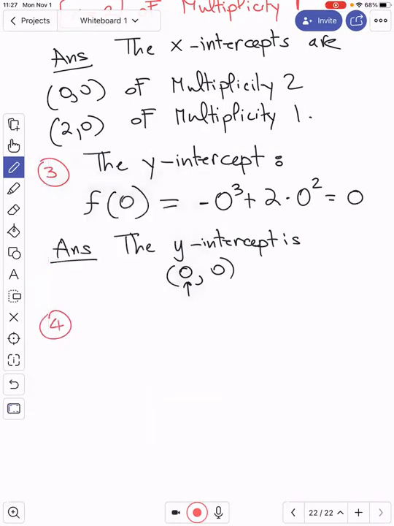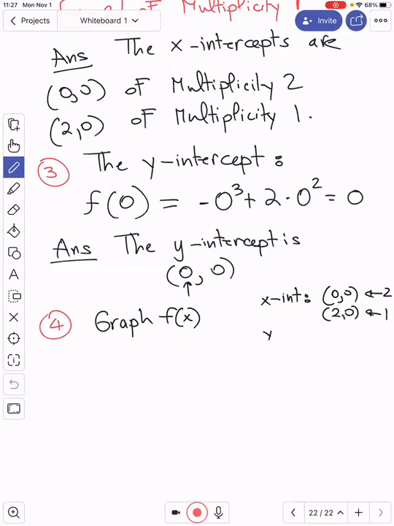And of course, in this graph, I'm going to try to use all this information. So graph f of x. There's the behavior at infinity, right? And don't forget, we have the x-intercepts. X-intercepts: we have 0 of multiplicity 2, and we have 2, 0 of multiplicity 1, right?